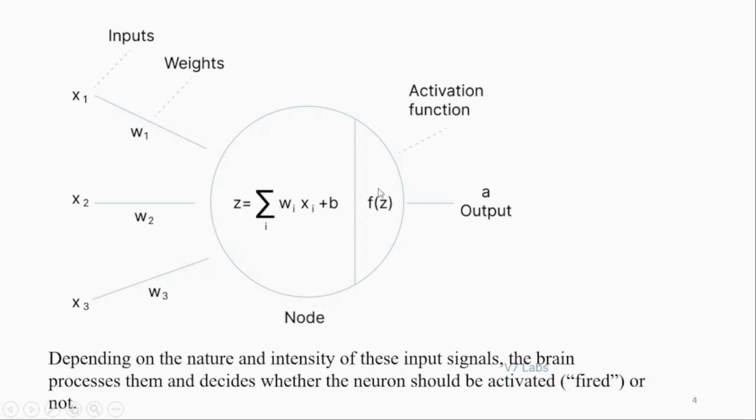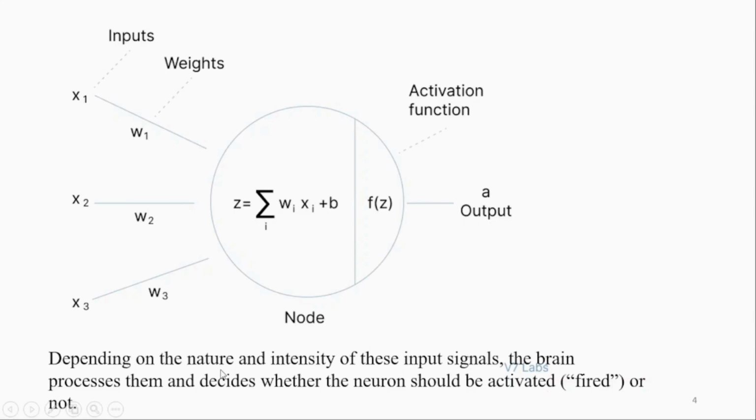Then the activation function decides whether this input sum, which combines the three different inputs into a single input, should be forwarded or not, triggered or not. So depending on the nature and intensity of these input signals, the brain processes them and decides whether the neuron should be activated, fired or not.